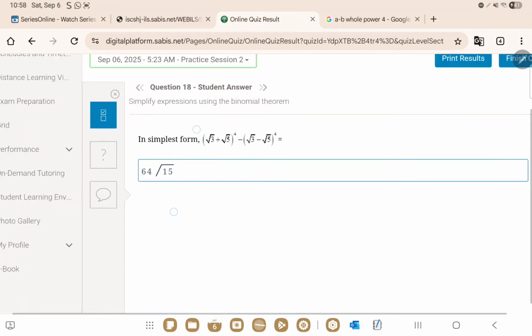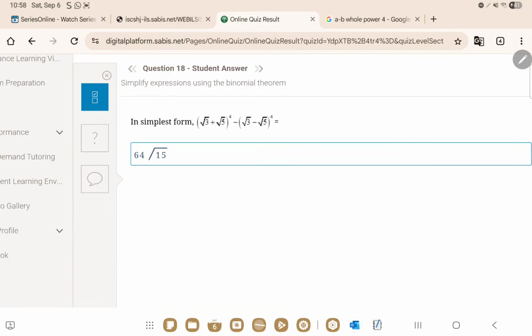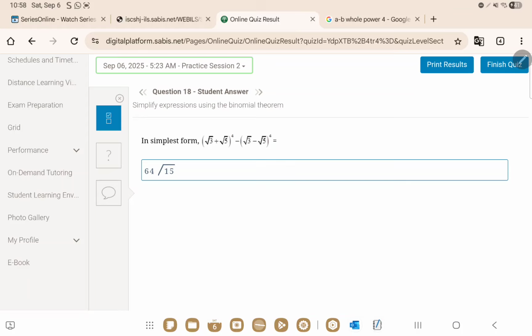Now, let's solve it. In the simplest form, solve this. To solve this, you just need to expand it, like just use the binomial theorem for these two values.